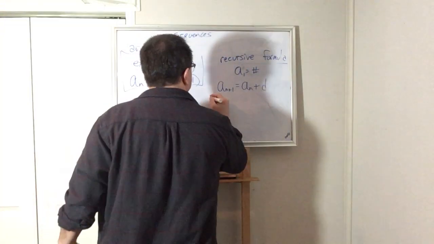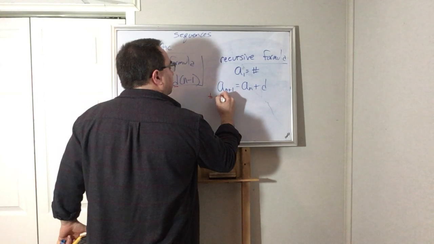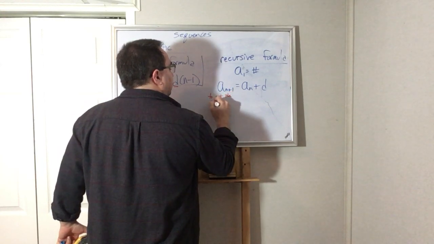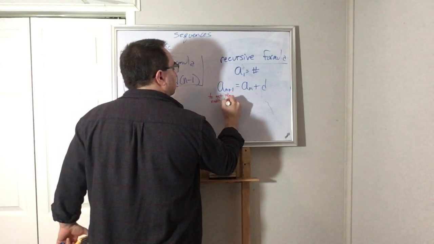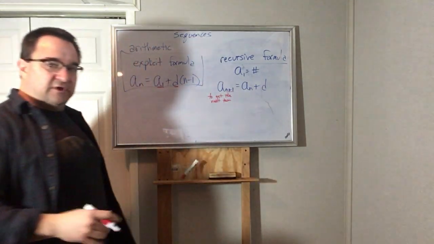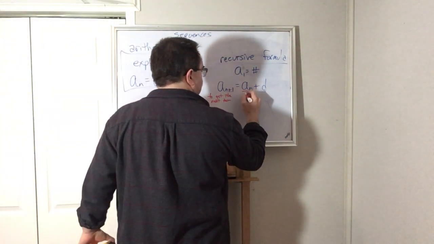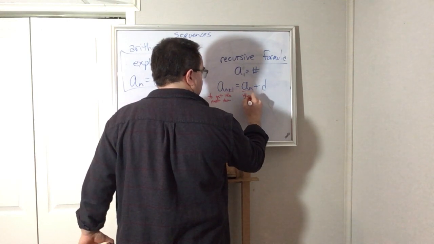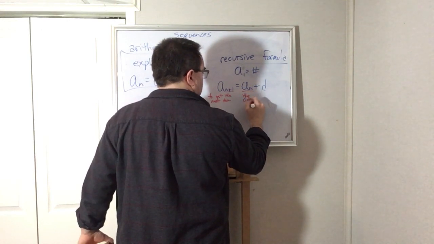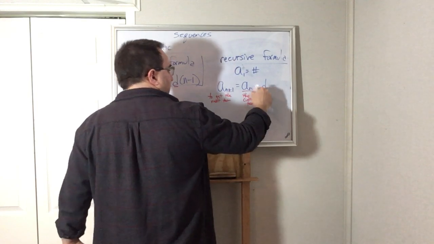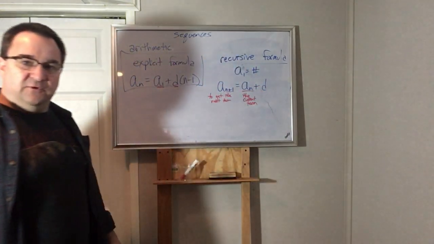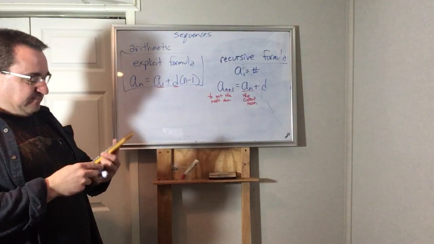It means to get the next term. That's what that n plus 1 is. The next term, you take the current term and you add the common difference. So a sub n would be, we've got to see how that plays out.